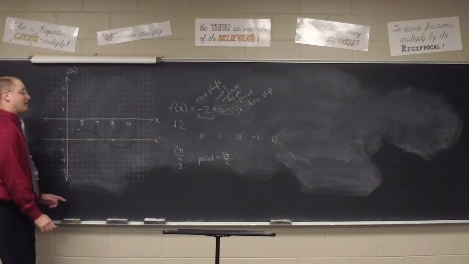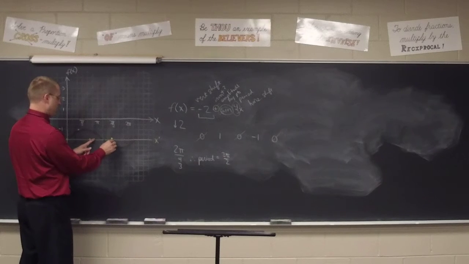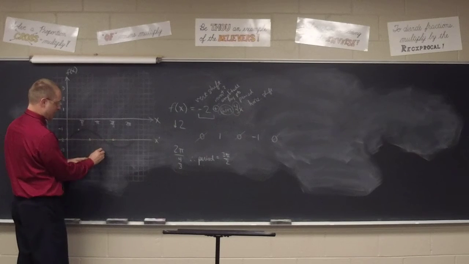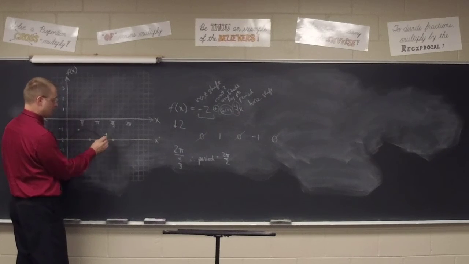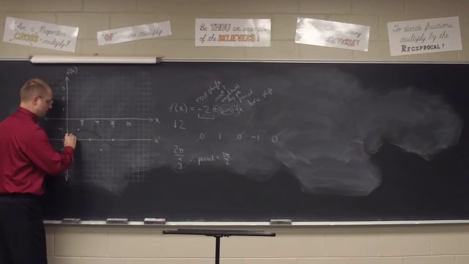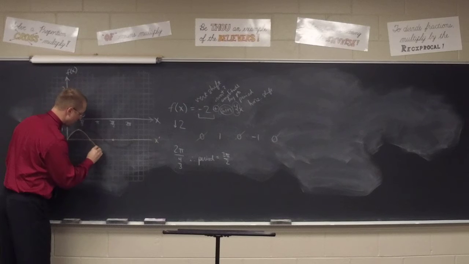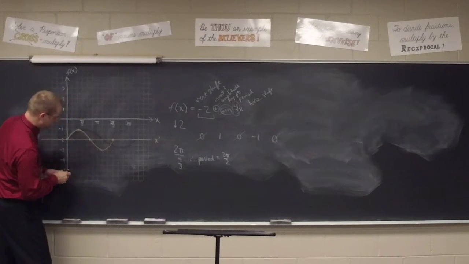And then of course I'm going to have to do the same thing for the negative one, right? Come over a box, over a box, and split that gap. So right about here. And then do your best to connect with a smooth, continuous curve.